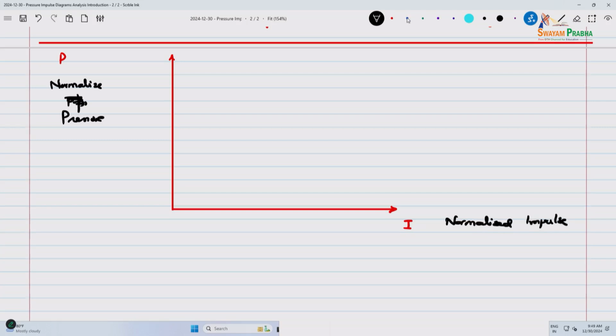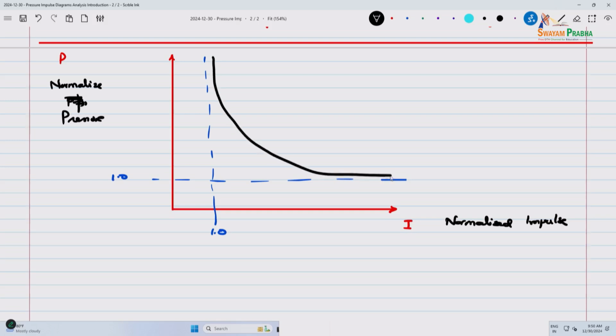And what we have seen is normalized, so this is 1.0 and 1.0, and it is asymptotic. So actually if you plot P versus R also, it sort of represents a PI diagram in some way. P versus R is also normalized. When you normalize that, you can get R if you represent it for impulse purposes. It also looks very similar to this expression.